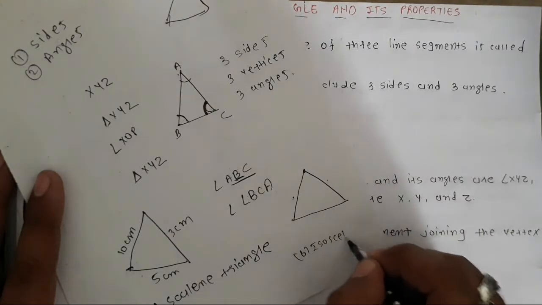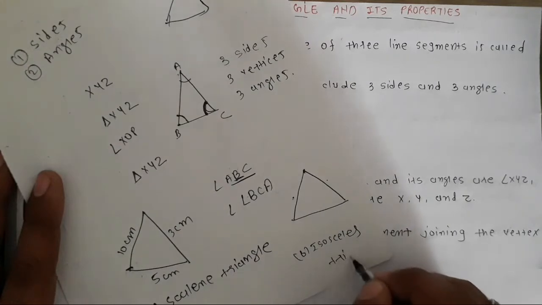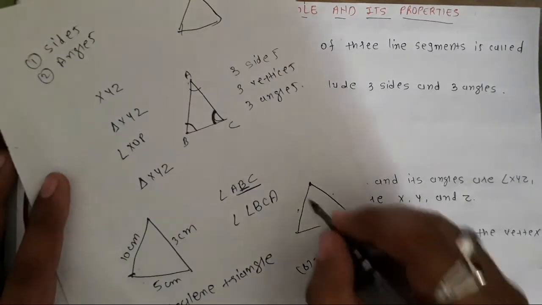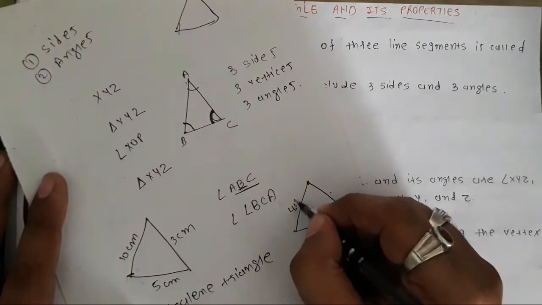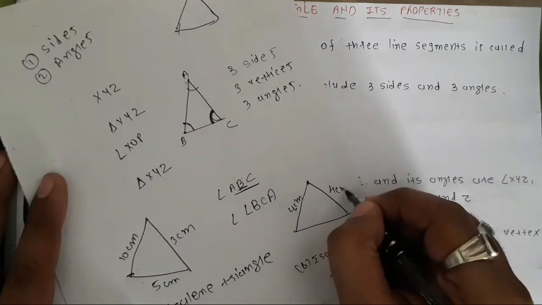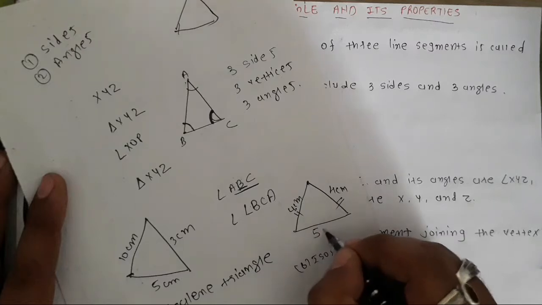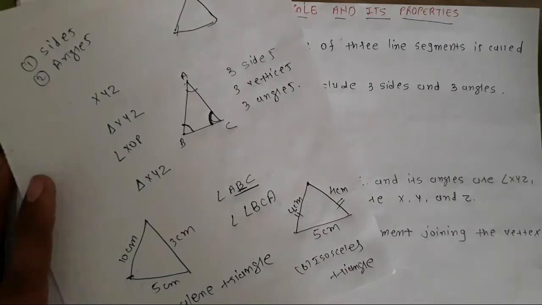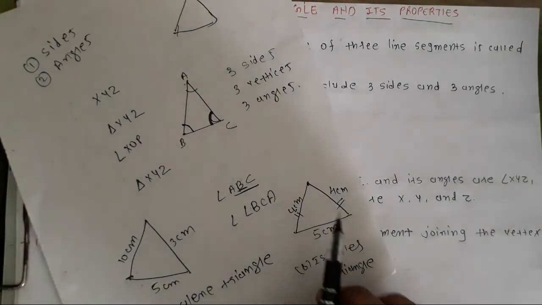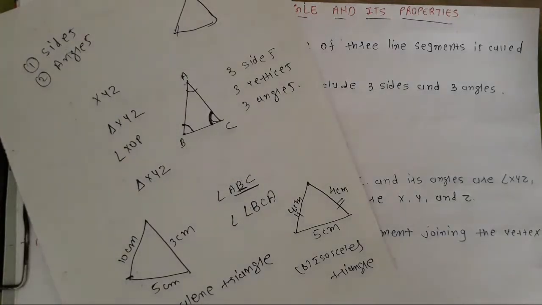For example, the measurement of this side is 4 centimeter, the measurement of this side will also be 4 centimeter, but this one will be different, this one can be 5 centimeter. So whenever two sides are equal and one is different in the triangle, that triangle is called an isosceles triangle.